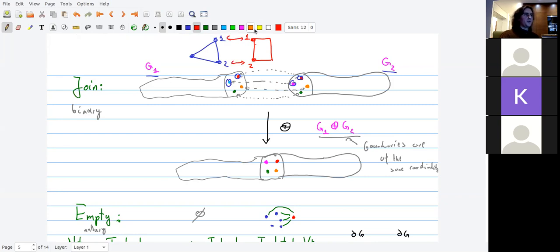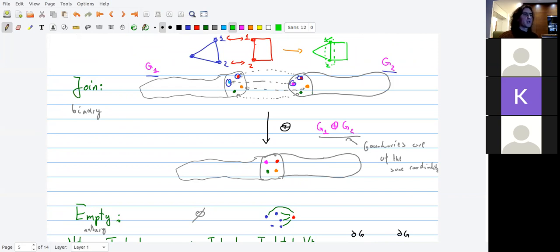So the result of this join will be a graph that will look like this, maybe a green one, like that, because I glued 1 and 2 together, ones into one vertex and twos into two, and the new boundary consists of those fused boundaries.